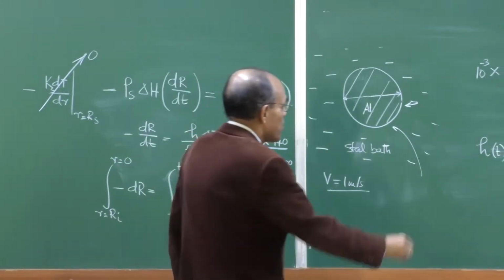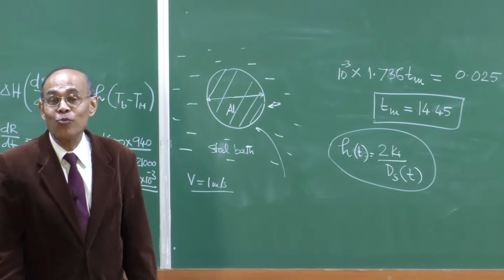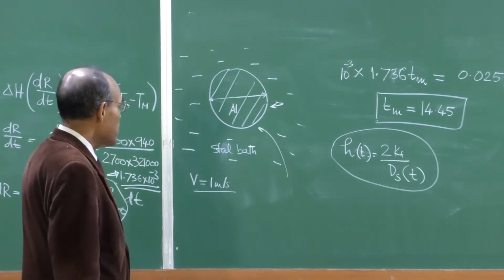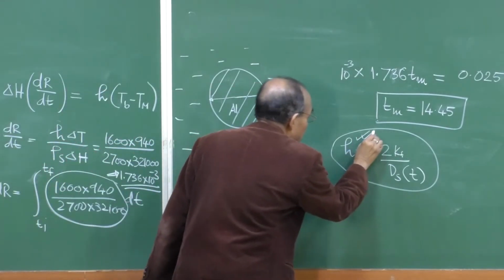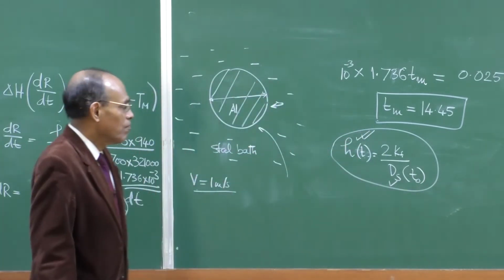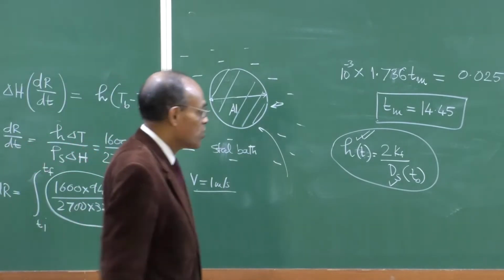So, this is a major assumption that you have made: treat the heat transfer coefficient to be constant and independent of the radius of the sphere, okay? And for calculation of the heat transfer coefficient, apply the initial radius, which is an assumption which we have made in this particular case.